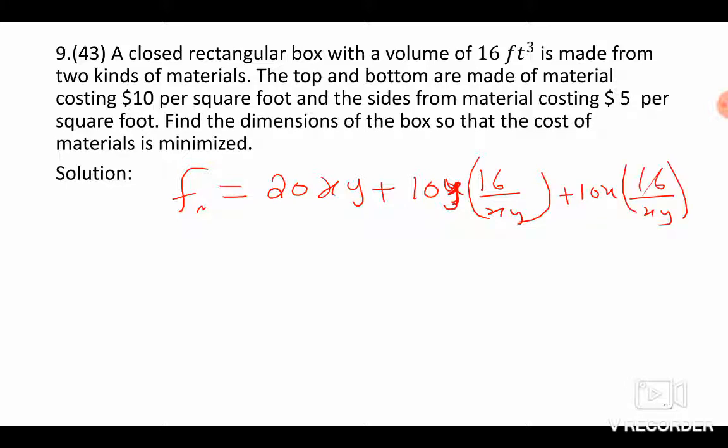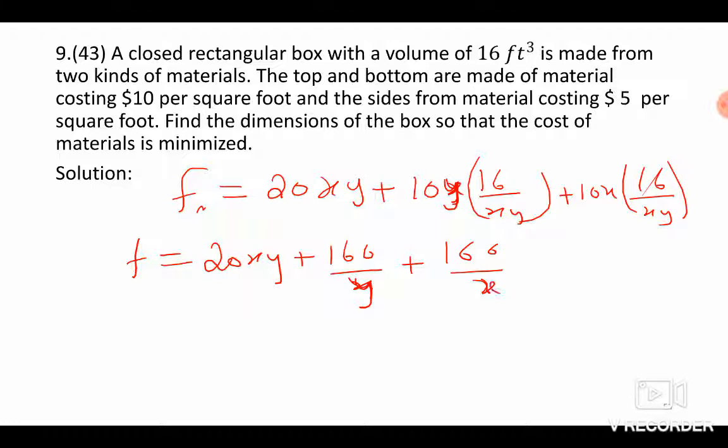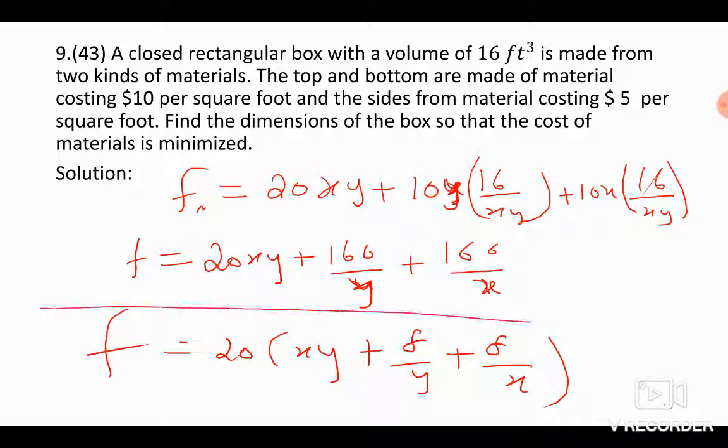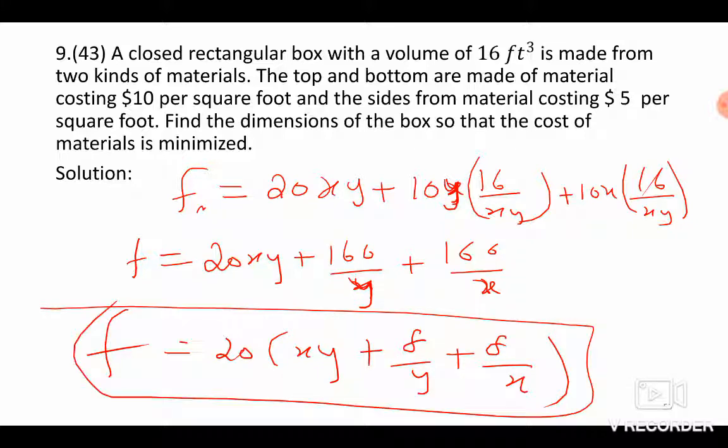Wherever z comes, we replace it by 16 over xy. So what is the final form of f? 20xy plus 160 over x, 160 over y and 160 over x. We can simplify further, take 20 out: xy plus 8 over y plus 8 over x. This is the function f to be minimized.